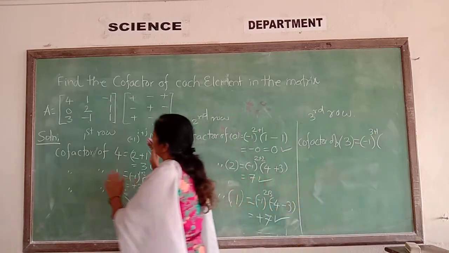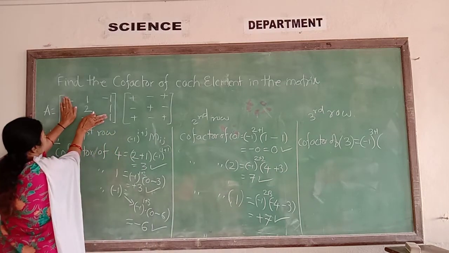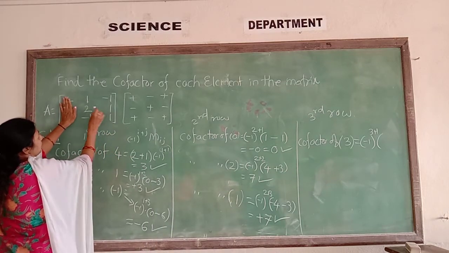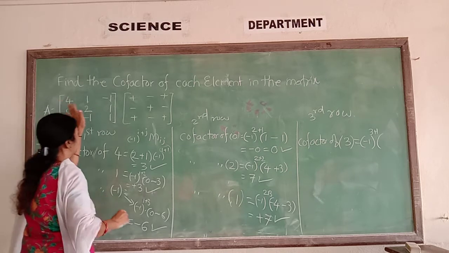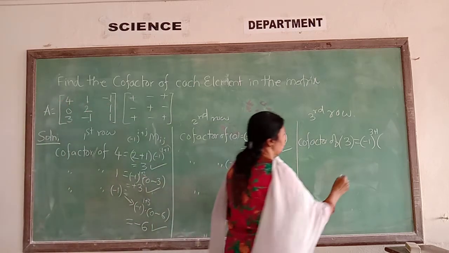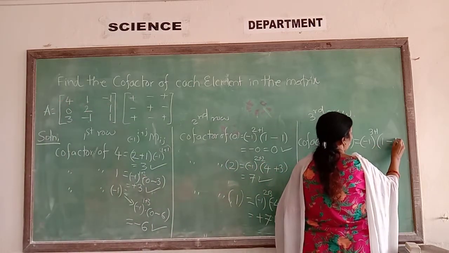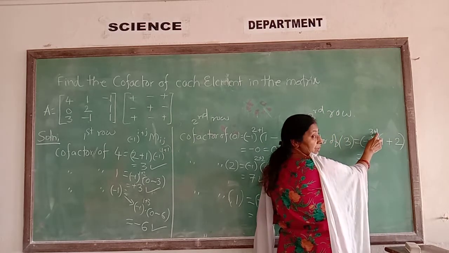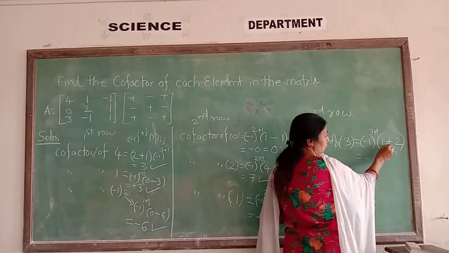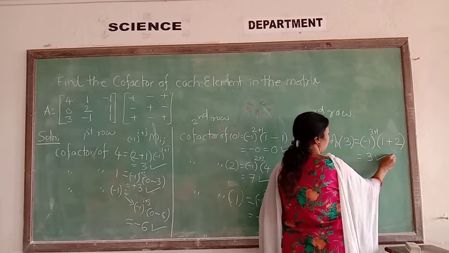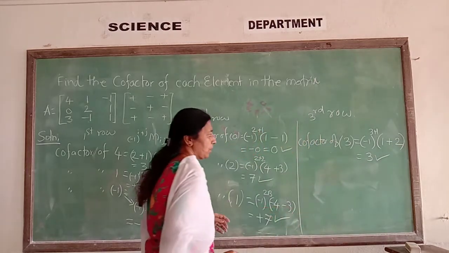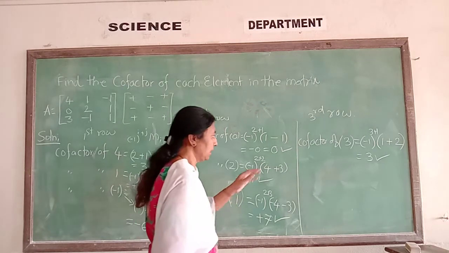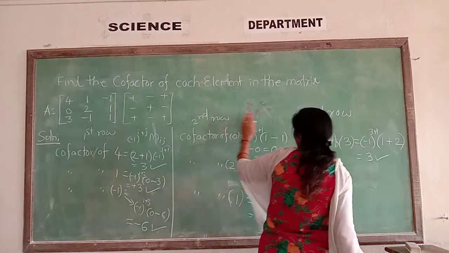Here we leave this. 1 into 1 is 1, and 2 into -1 is -2. So 1 minus of -2. 3 plus 1 is even, so the minus will go. 1 plus 2 is 3. 3 is the cofactor. If you want to find the minor, you should not use this i plus j.